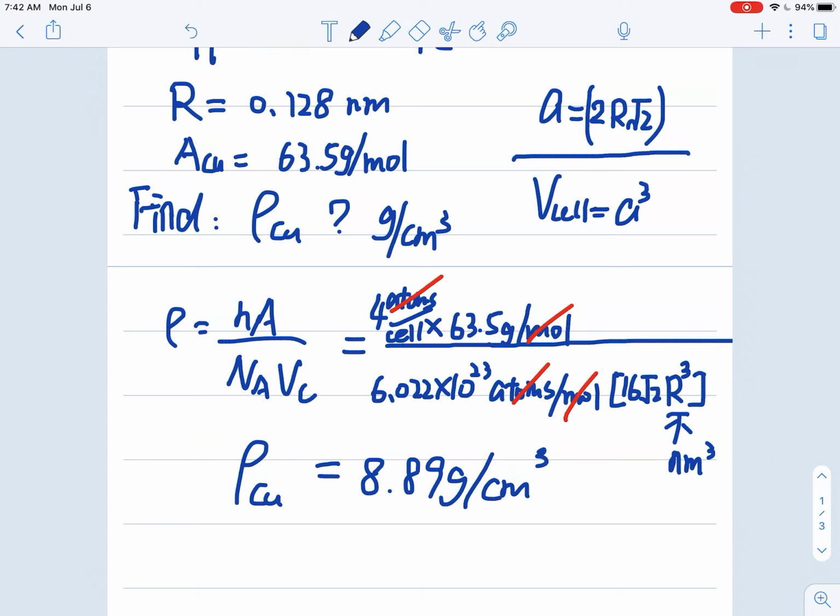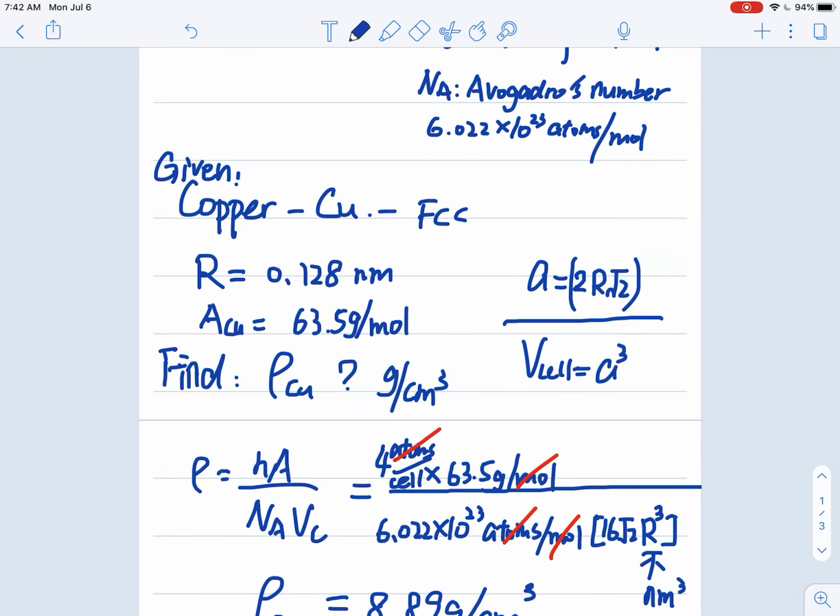And if we look up the measured density of copper, it is very similar to this value. Hopefully this is the example to show you how to calculate the theoretical density of a given material.